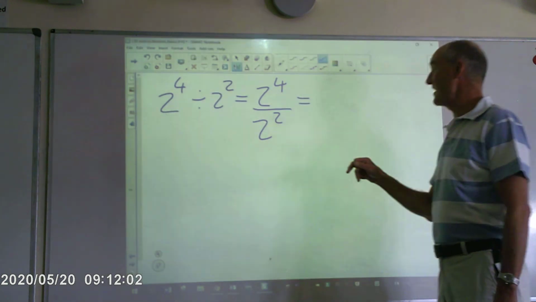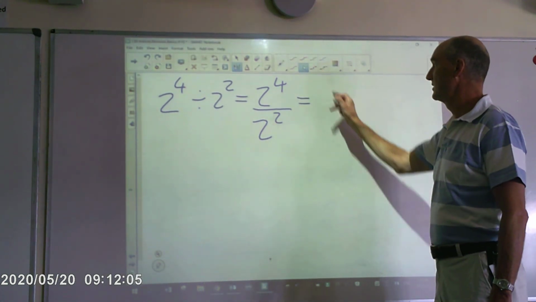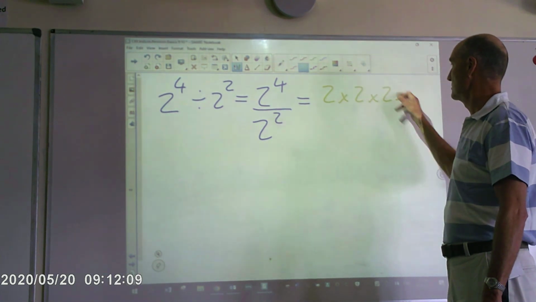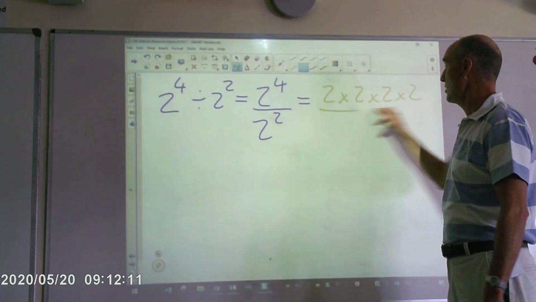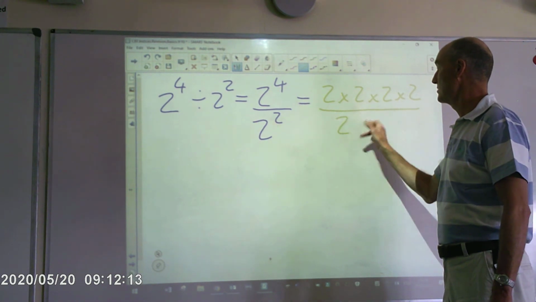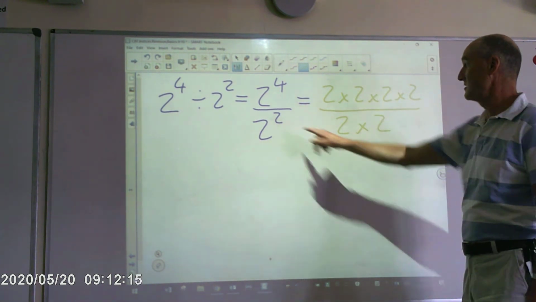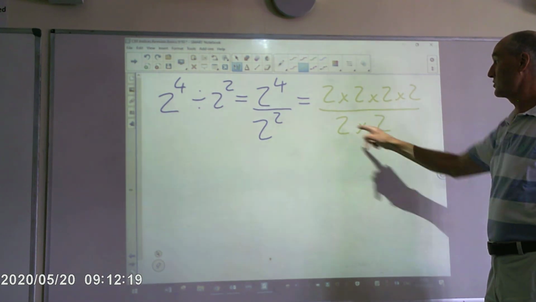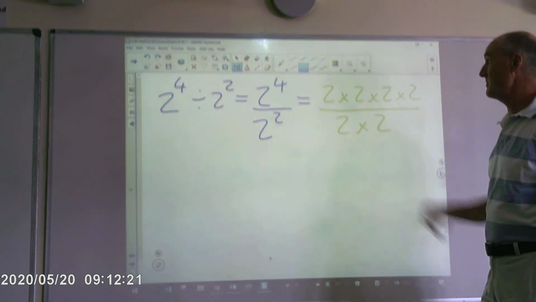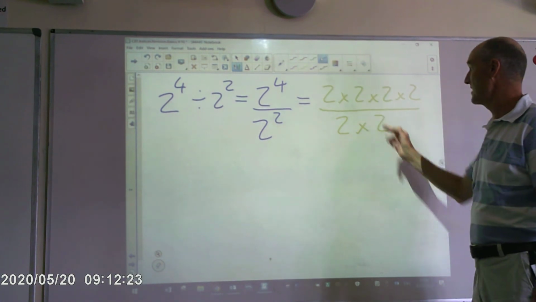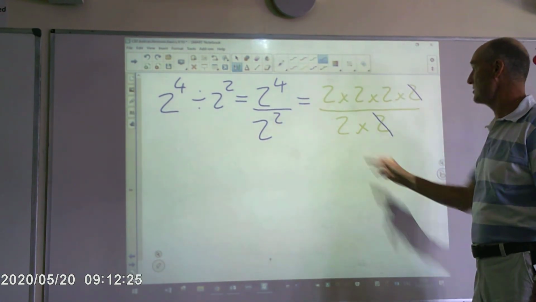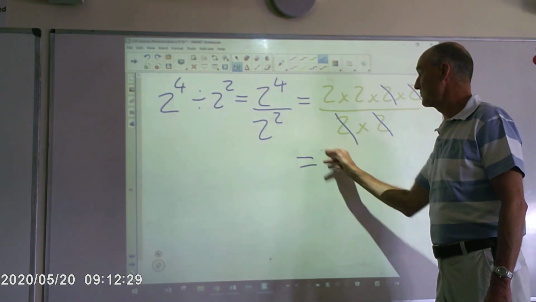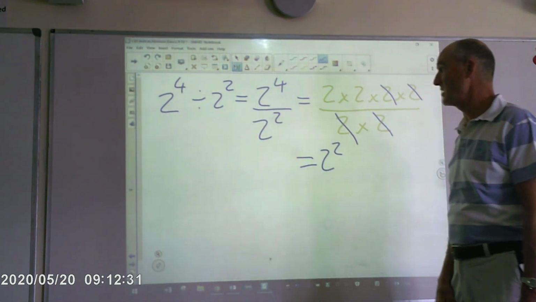How do you write that out longhand? 2 times 2 times 2 times 2 on the top, and then 2 times 2 underneath. What can you do when you've got all those 2s on the top line and all those 2s on the bottom line multiplied together? You can do some cancelling out. Cancel that 2 with that 2, cancel that 2 with that 2. What are you left with? You're left with 2 to the power of 2, 2 squared.